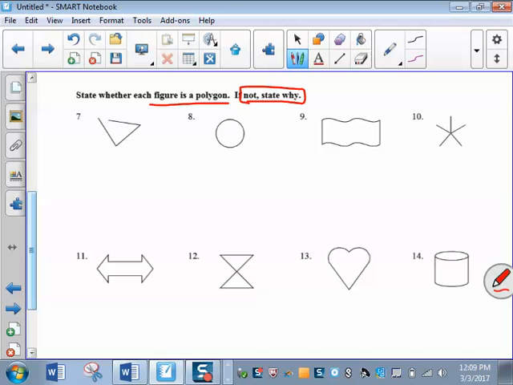For example, number 7, the reason it's not a polygon is that it's open, right? That does not close, therefore it's not a polygon. It's what I want you to do for these next 7 problems.